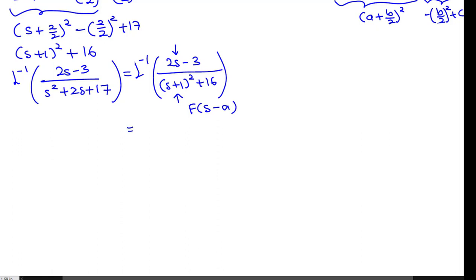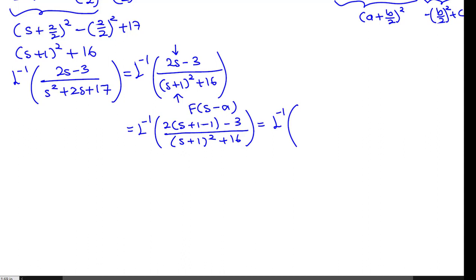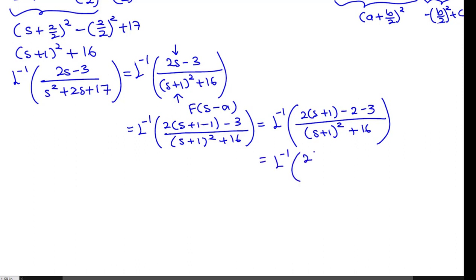So Laplace inverse 2(s + 1) − 2 − 3 divided by (s + 1)² + 16, equal to Laplace inverse 2(s + 1) − 5 divided by (s + 1)² + 16.